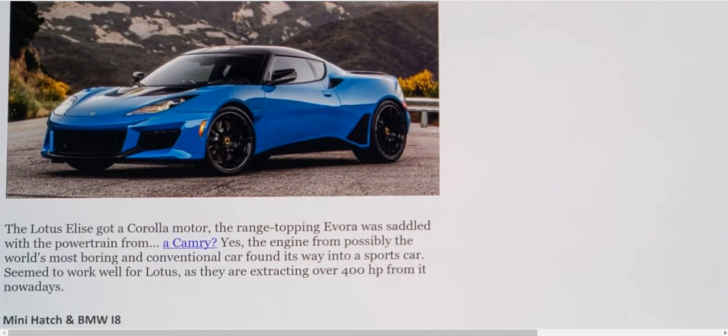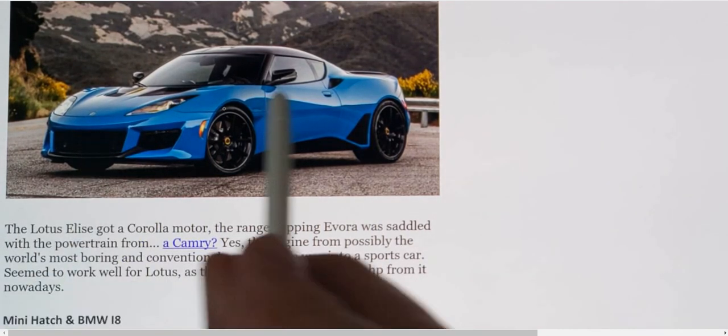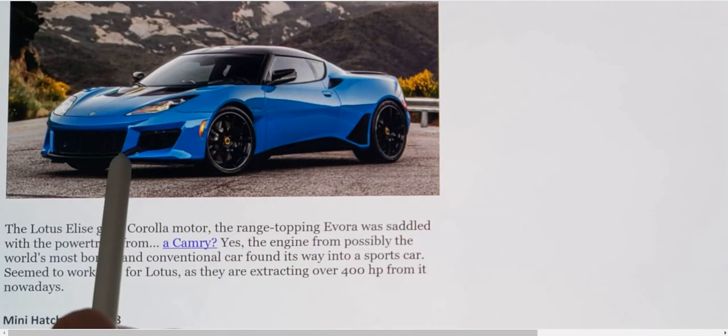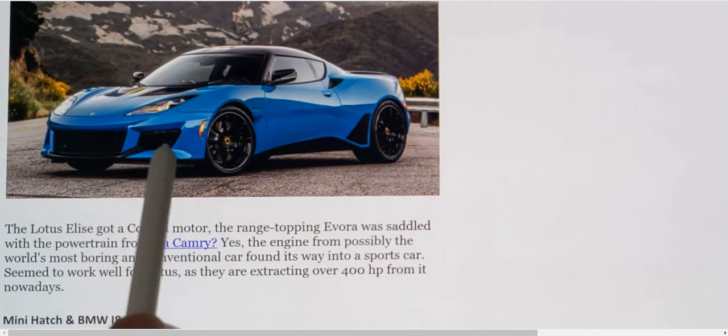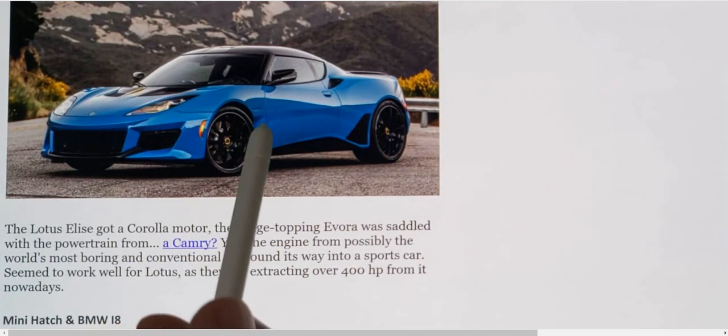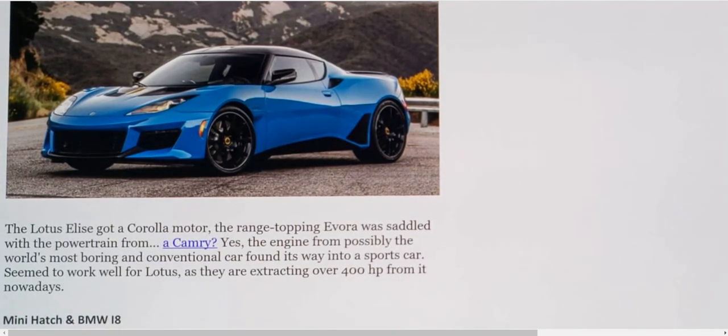Why? Because the shape of the car has less drag force, so as a result, you can reach higher terminal velocities. Now Adil said Lamborghini and Audi R8 have the same engines.